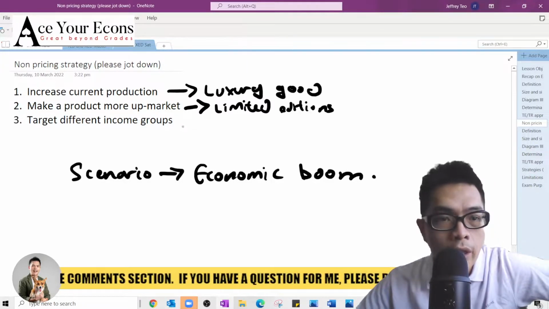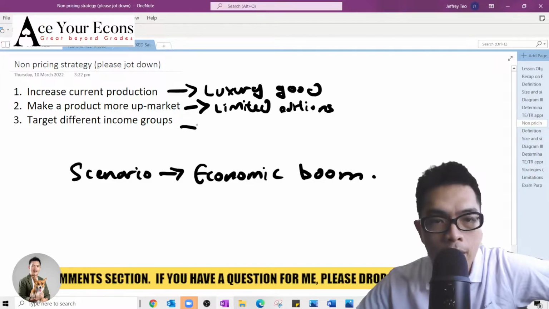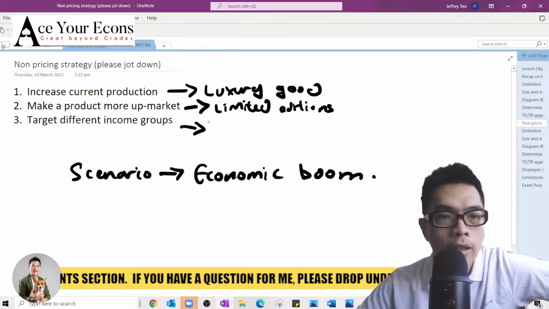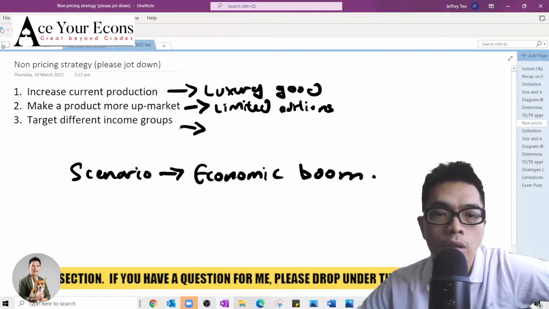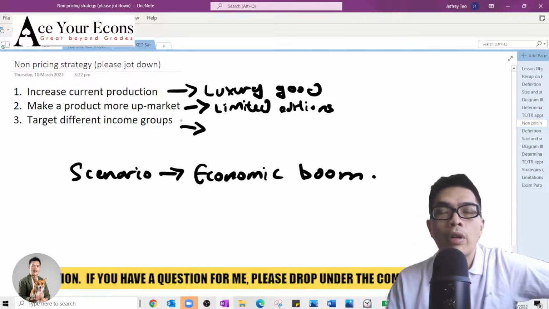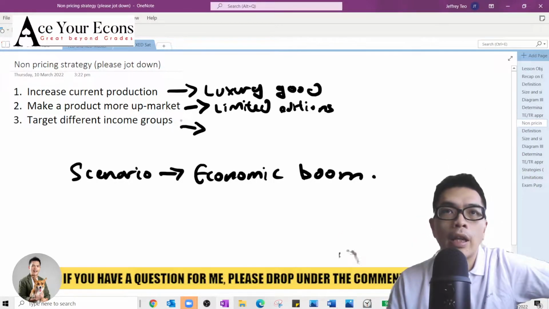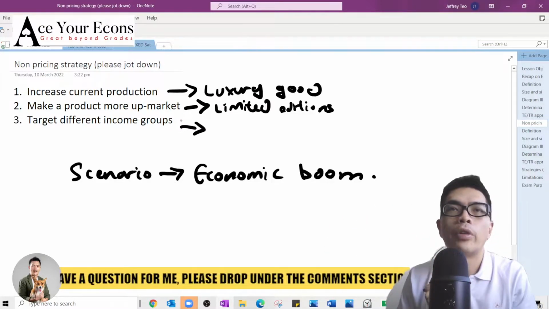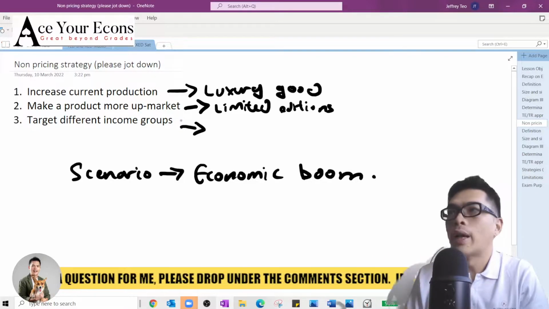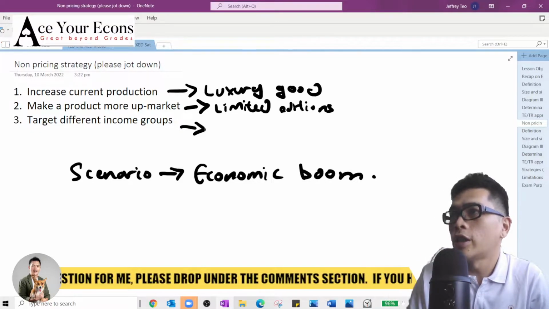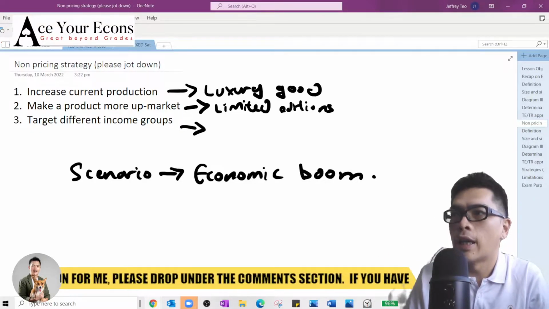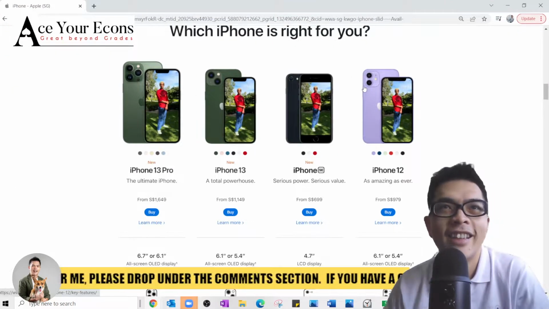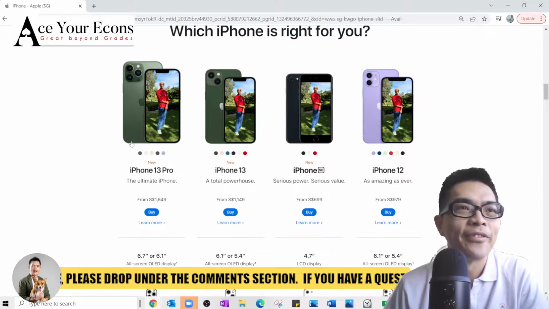So with this, I'm going to move on to the last part, targeting different income groups. Okay, so one of the non-pricing strategies that a firm can adopt is a multi-pronged approach, meaning a good for everyone. So what do I mean by that? I was actually thinking up and down and I realized that the example is here. Do y'all see this?